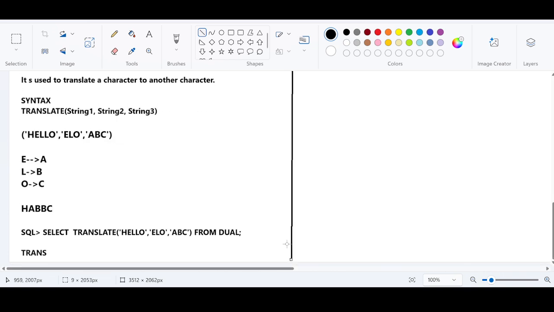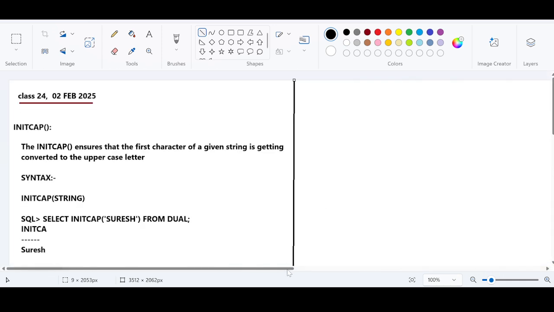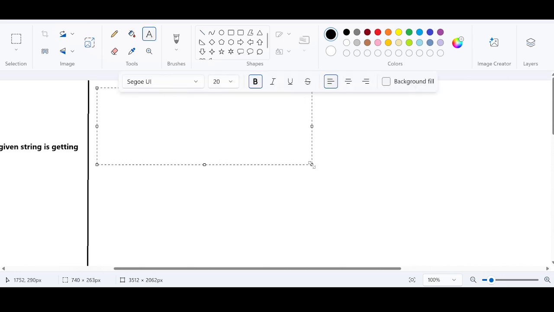Good. The next one is something like substring. Substrings are usually used in real-time applications. You take a substring and you tend to generate automatic emails. What do I mean?